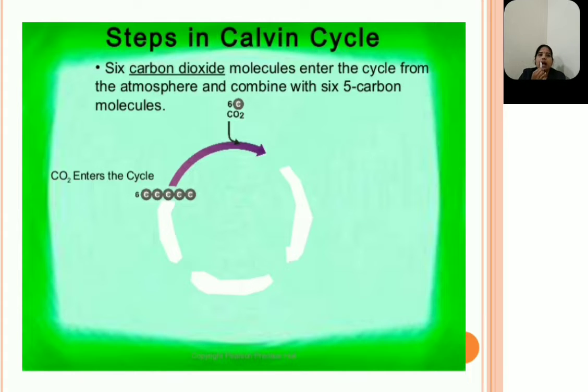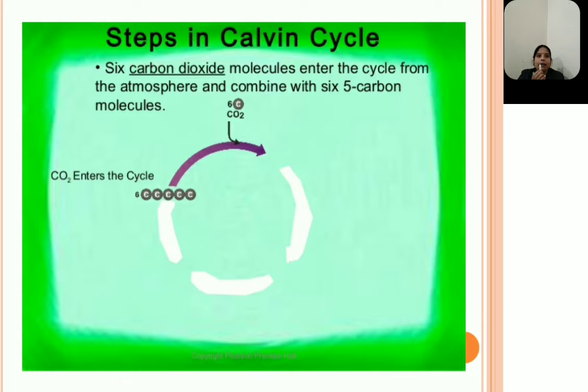Carboxylation means carbon dioxide is fixed, and it starts with a 5 carbon sugar, and that sugar is RuBP. It is also known as ribulose 1,5 bisphosphate.